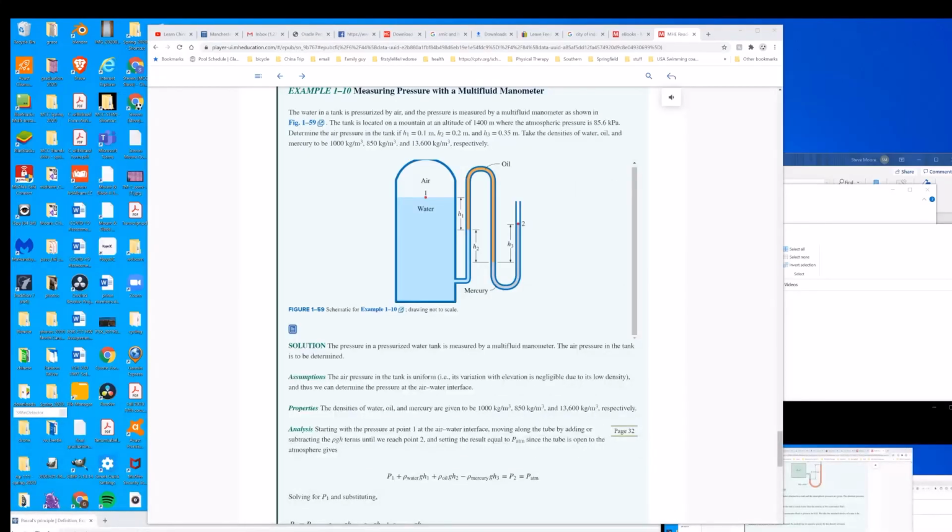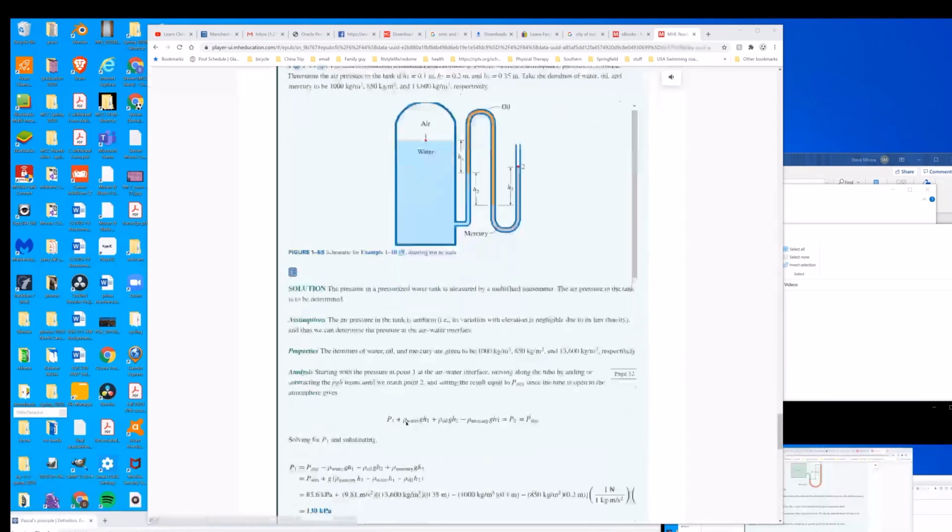And just a couple of final notes here. When you're looking at this part of the equation, you might wonder, why is it the water here? What you recognize is that if we had gone down by H1, we're using Pascal's law, that all horizontal pressures are going to be the same.